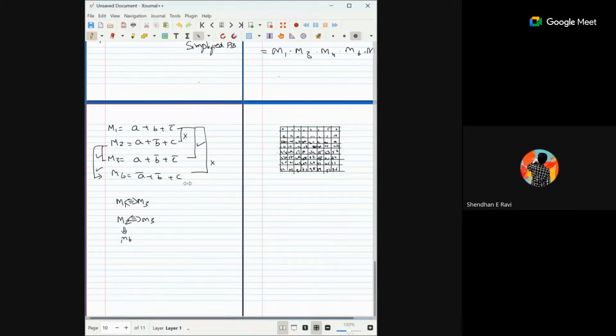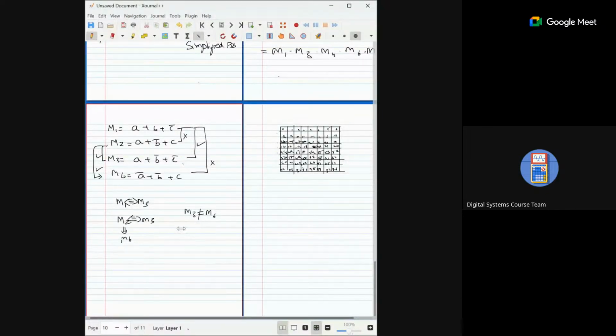Not adjacent. So M3 and M6 are not adjacent. In this case, M6 is joined with M2, and M3 is joined with M1, so mostly each has some pair. If I represent M1, M2, M3, and M6 with three literals, there is a possibility of reducing one literal, since there are adjacent cells.